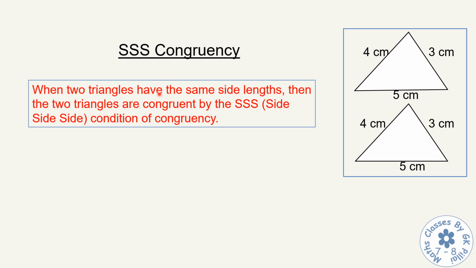When two triangles have the same side lengths, then the two triangles are congruent by the SSS congruency condition. Here you can see there are two figures. The sides are same, 3 centimeter, 4 centimeter and 5 centimeter. 3 centimeter, 4 centimeter and 5 centimeter.